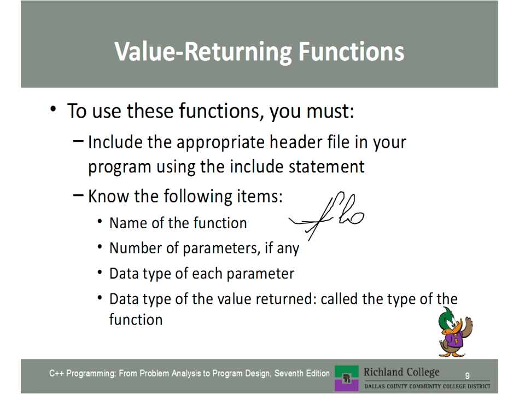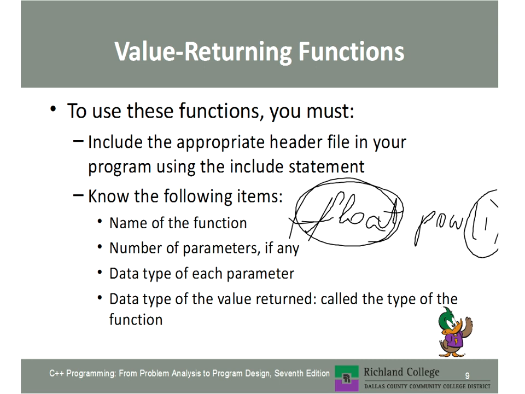So we can have something like float pow, and then we can send the float base and the float exponent. Now, float is the return type, and then you have the parameter list that shows you the base, and you might have the exponent separated by the comma.